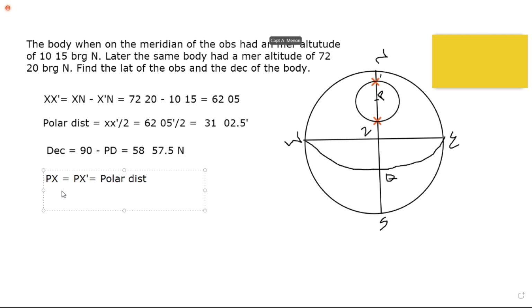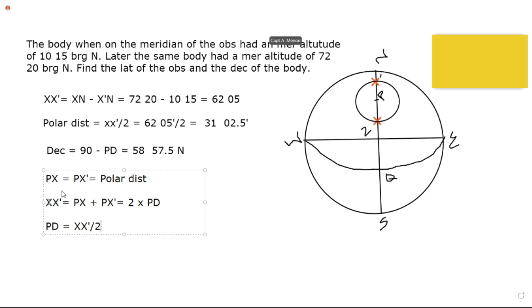Therefore, XX dash is equal to PX plus PX dash, which is equal to 2 into polar distance, right or wrong? Therefore, polar distance is equal to XX dash divided by 2.